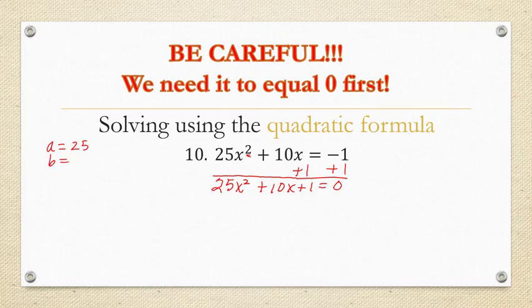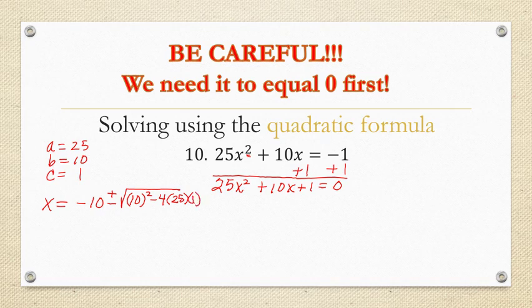B is 10. C is 1. All right, let's plug it in. X equals negative B plus or minus the square root of B squared minus 4AC, all over 2A.